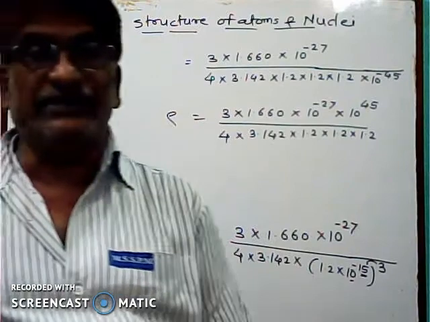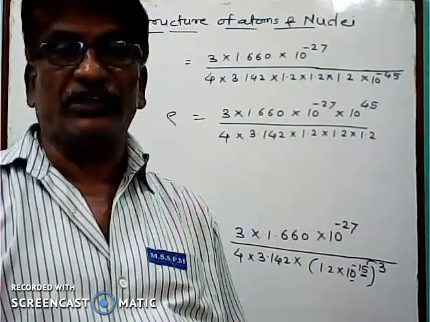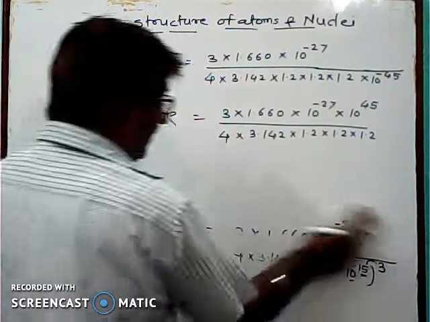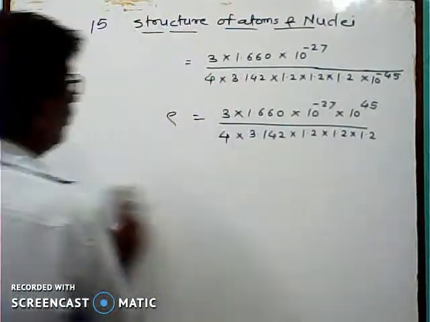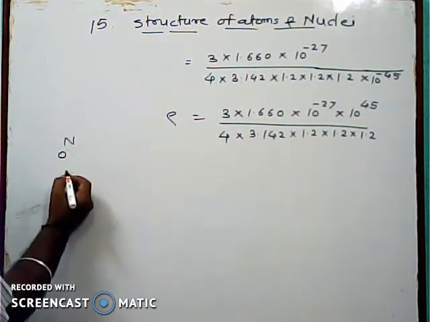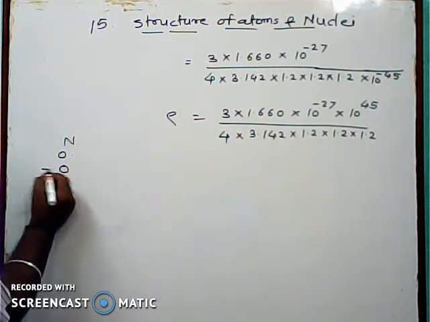Using a logarithmic table, we can solve the problem. Here the numerator has two values, so their characteristics will be 0 point and 0 point.